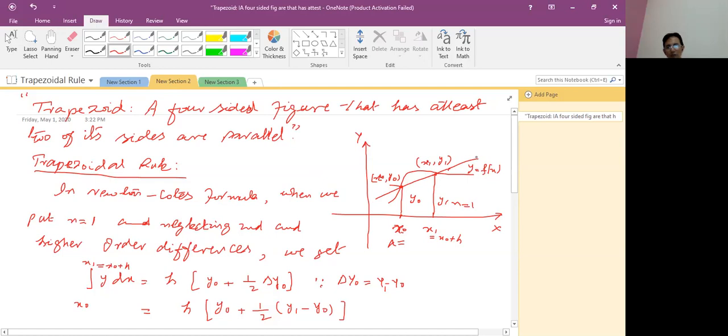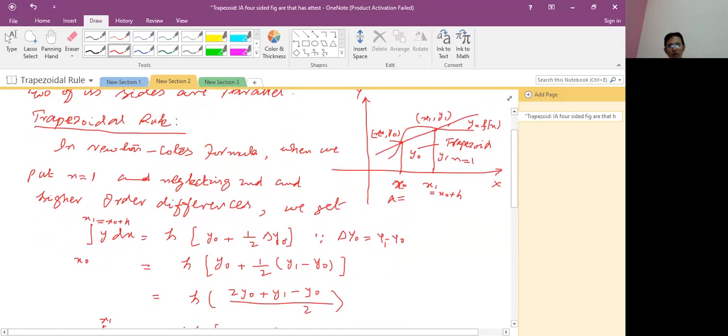When we draw a tangent line, this shape is called a trapezoid. That's why the rule is called trapezoidal. So in the Newton-Cotes formula, if we put n equal to 1 and neglect second and higher order differences, we get the following.